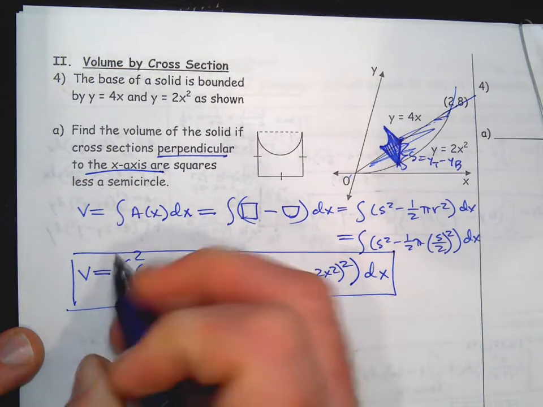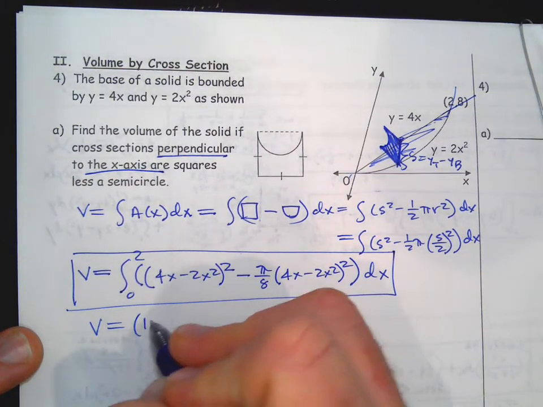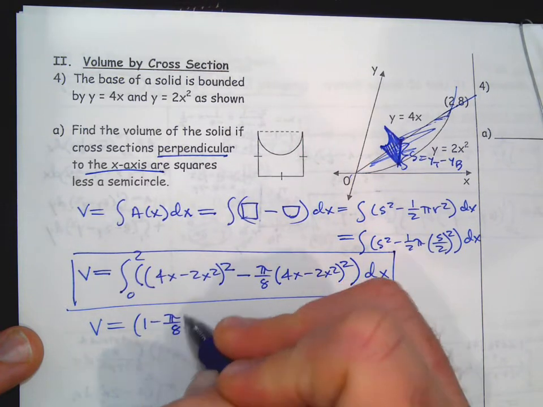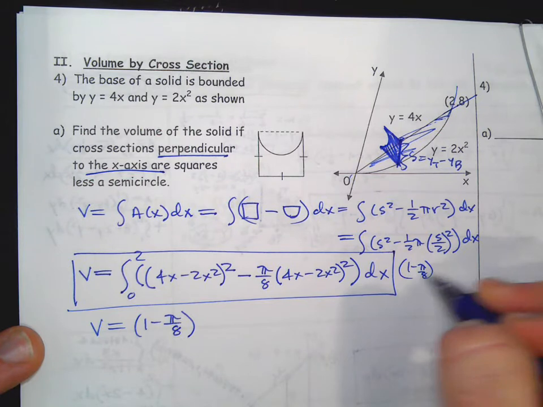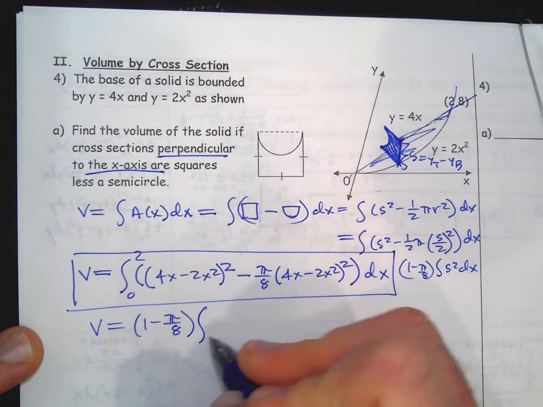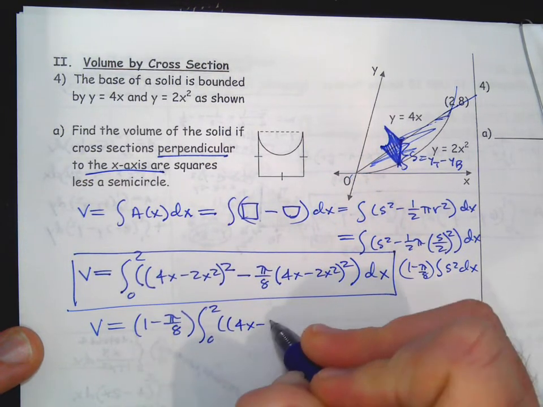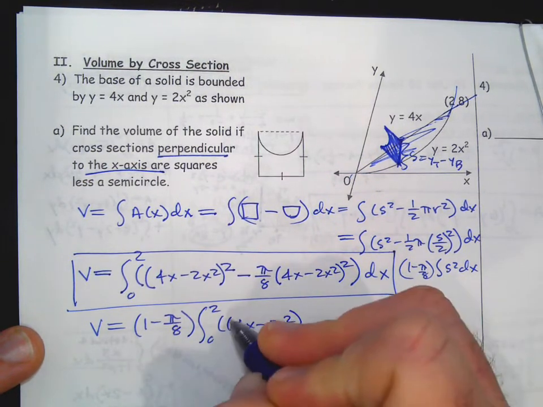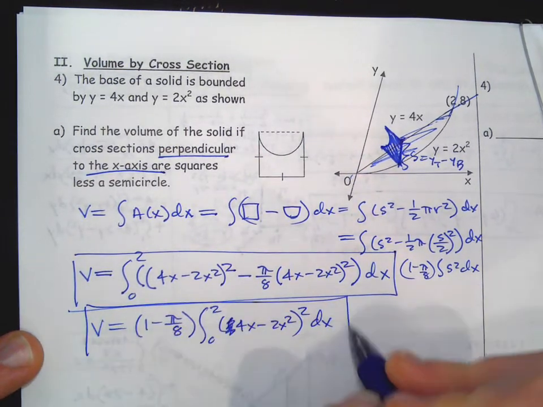You could have, before this, factored out a 1 minus pi over 8. And then you just have s squared inside. A little simpler. But that's up to you. 4x minus 2x squared dx. So this is a little more compact, nicely written.